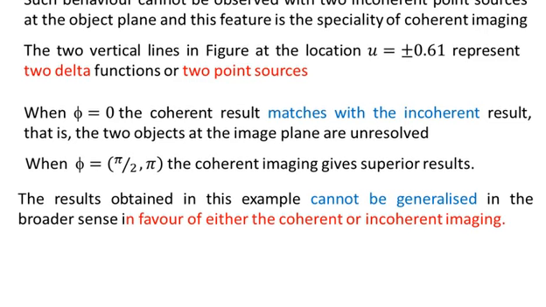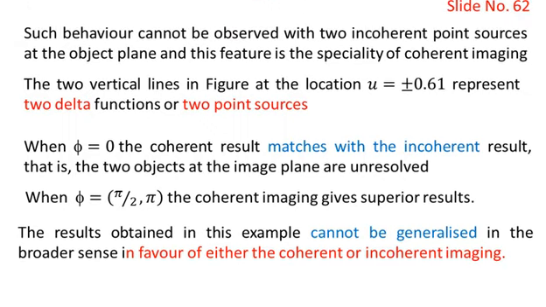When phi is equal to 0, the coherent result matches the incoherent result. That is, the two objects at the image plane are unresolved. When phi is equal to pi by 2 or pi, the coherent imaging system gives superior results. The results obtained in this example cannot be generalized in favor of either the coherent or the incoherent imaging system.